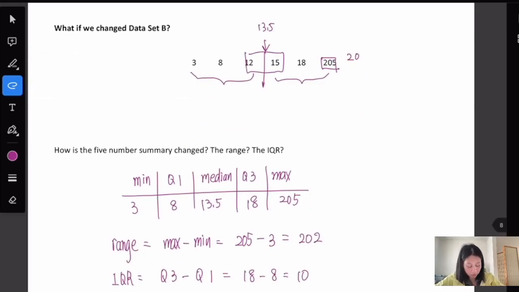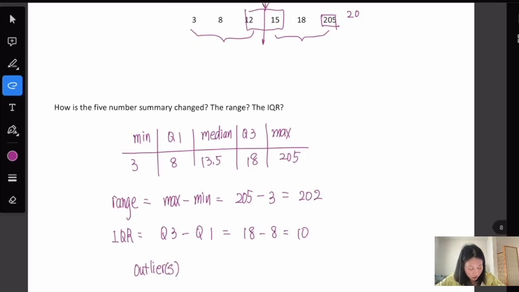So we can conclude that the outliers, in this case we just have one outlier, affect the range.